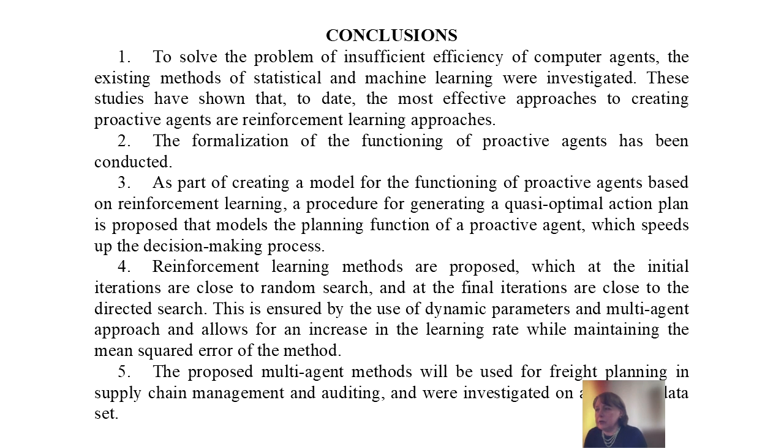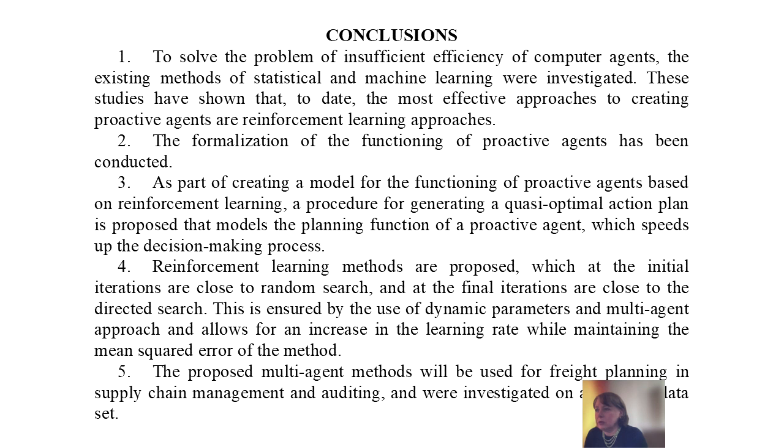Second, the formalization of the function of a proactive agent has been conducted. Third, as part of creating a model for the functioning of a proactive agent based on reinforcement learning, a procedure for generating a quasi-optimal action plan is proposed that models the planning function of a proactive agent, which speeds up the decision-making process.